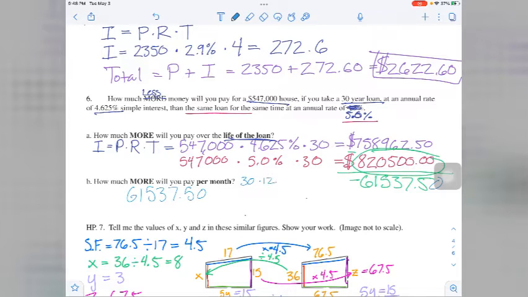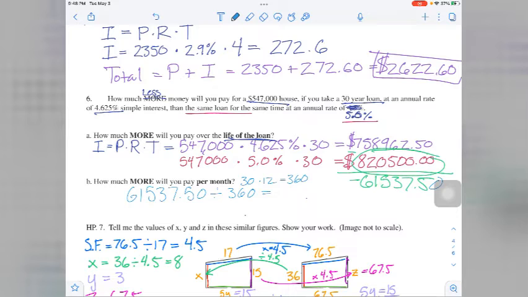And so I know that 30 years times 12 months is 360 months. So I'm just going to take this number and divide it by 360. And that should give me how much more money I am paying on a monthly basis.